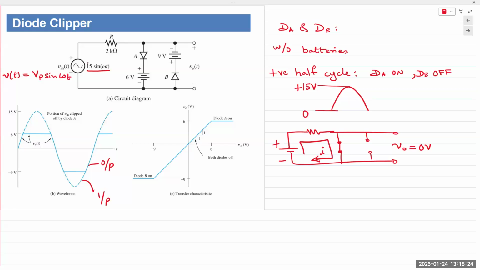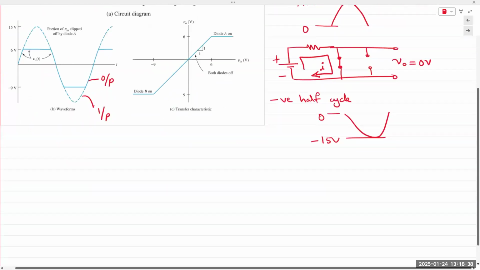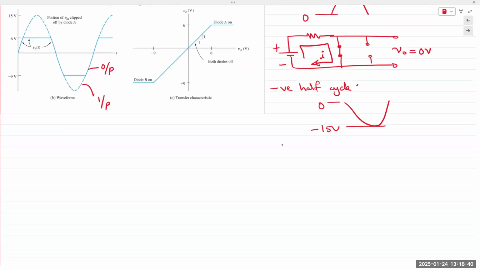What happens in the negative half cycle? This is 0. This is minus 15. Diode DA is, what is diode DA? Off, and DB is on.